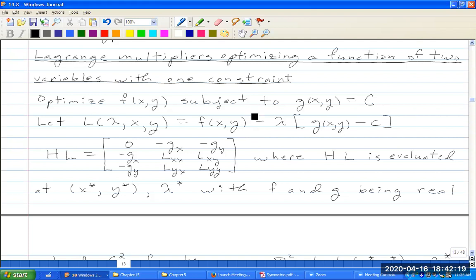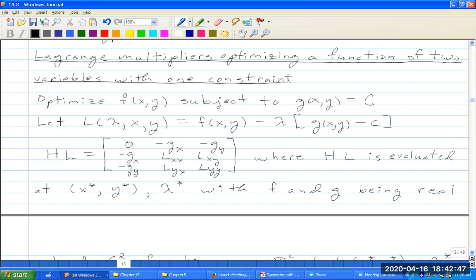Please notice that, well, the sign here is sort of arbitrary. It could have a plus or minus, but once you set it, then if you write it this way, everything has these specific signs, and I can tell you when it's a maximum or minimum when these signs occur.